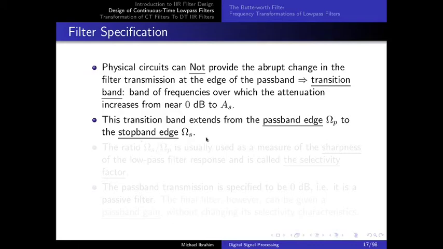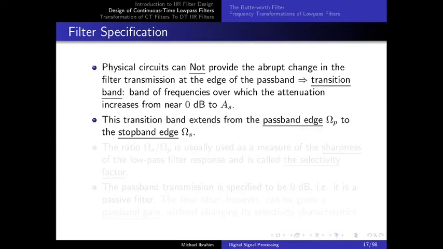But remember that in the previous chapter we used lowercase omega p and lowercase omega s because we were talking about designing digital filters, and we used a normalized frequency, lowercase omega. But here we are talking about designing a continuous time filter and then transforming it back into a digital filter. So in this part we are discussing the design of continuous time filters.